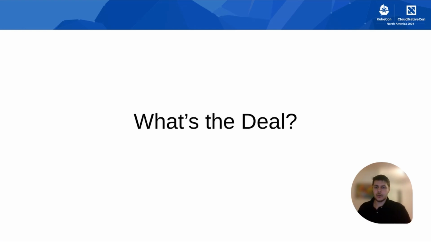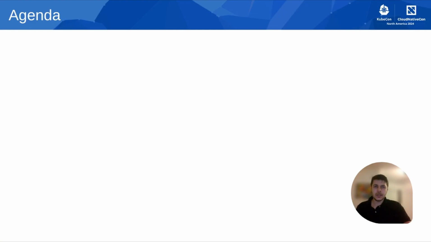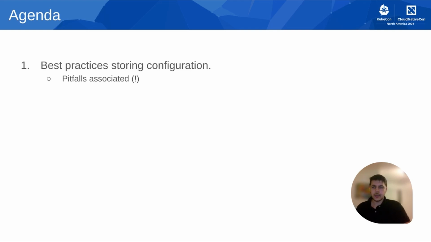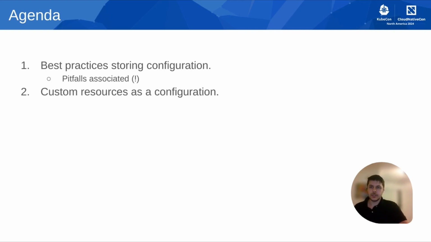Okay, so what is this presentation about? You probably know how to store configurations for your application to consume, but you may not know some of the pitfalls. So I will start by sharing the best practices regarding storing configurations and the pitfalls associated.